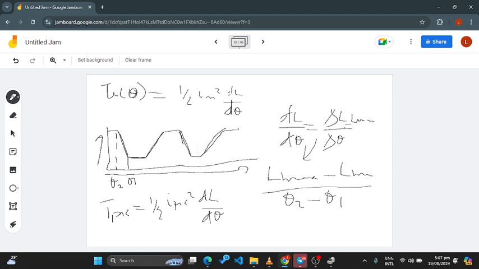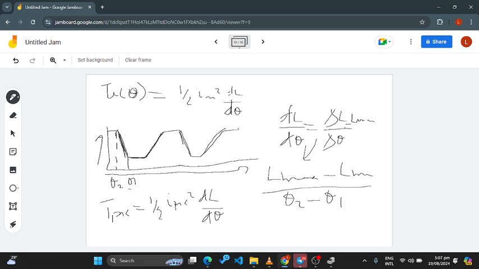If I know the change from here up to this point, and the corresponding change in angle, then I can find the slope. So the change that we are finding here is just the slope. The slope of this side is going to be negative, and the slope of this side is going to be positive. If I want to find slope, it's just the change in this over the change in this.